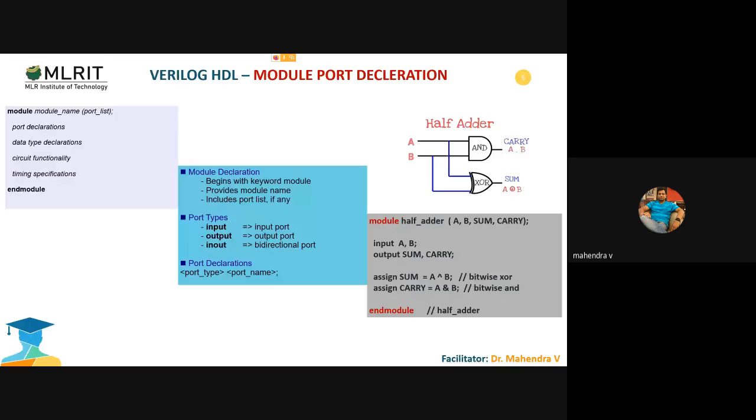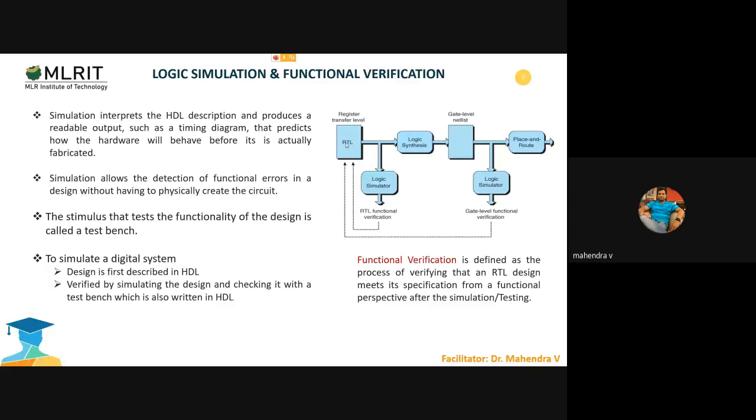Now logic simulation and functional verification. This RTL code indicates the HDL code. Don't get confused, we can use 2 terminologies to describe the code. One is RTL, register transfer level. The second one is HDL, hardware description language code. RTL code and HDL code are both the same. After writing the code, we can verify it using the simulator.